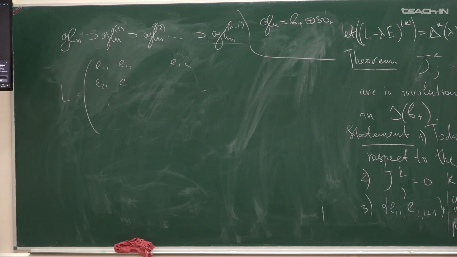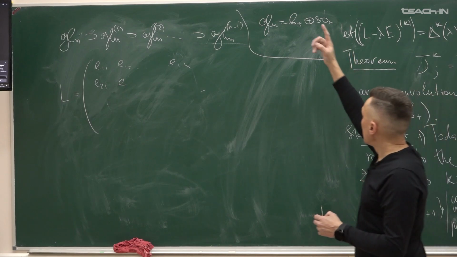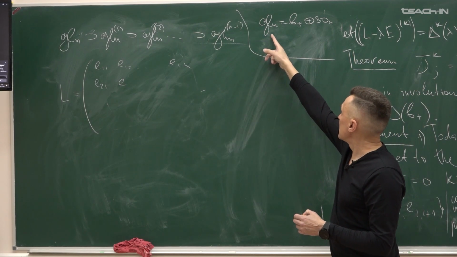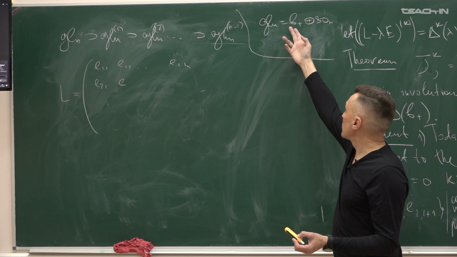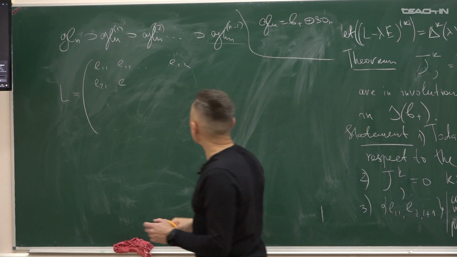So this is our strategy, and I will start with the construction of some functions in the symmetric algebra of gl_n, which are in involution, which are b plus invariant. Okay, so it is the first step.